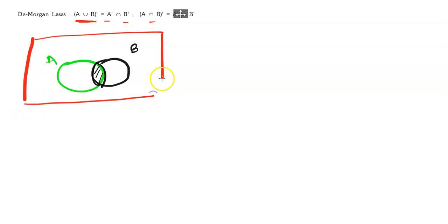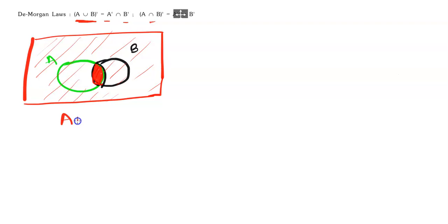Anything outside this A intersection B and part of the universal set, which is all of this except these values, is the complement.